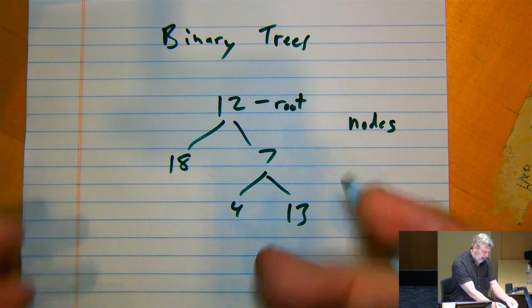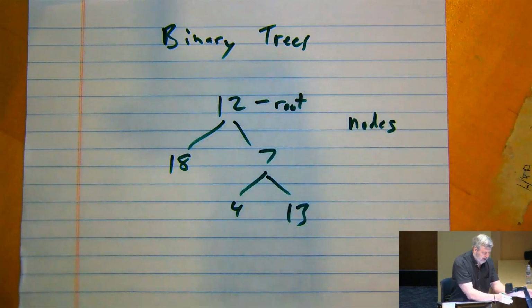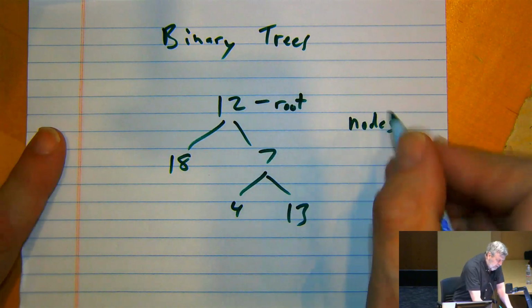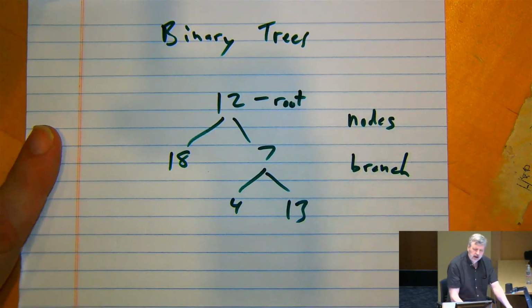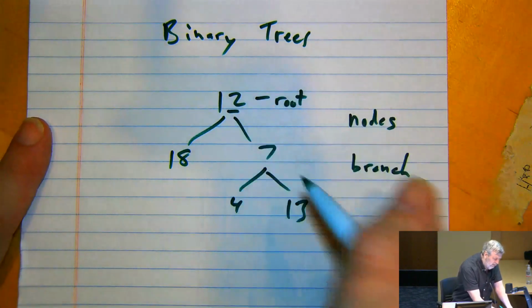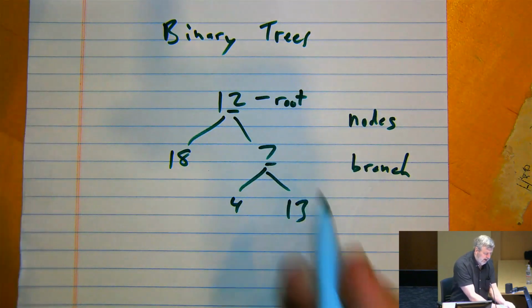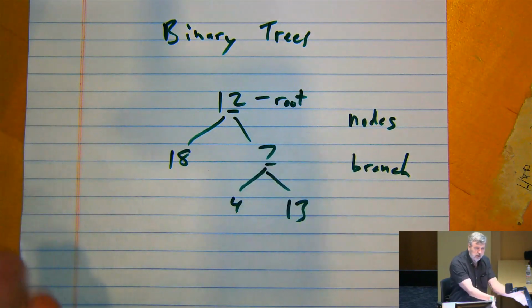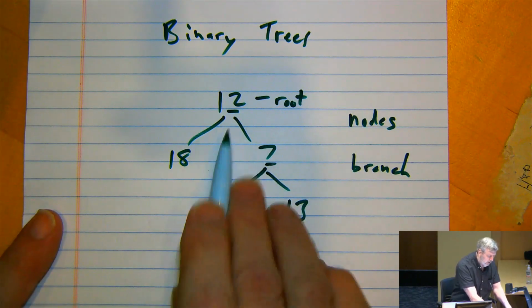And then in a tree, what are the things that split off in different directions? We would refer to those as branches of the tree. So we would describe this node 12 and this node 7 as being branch nodes because there's more structure that branches off underneath those nodes.